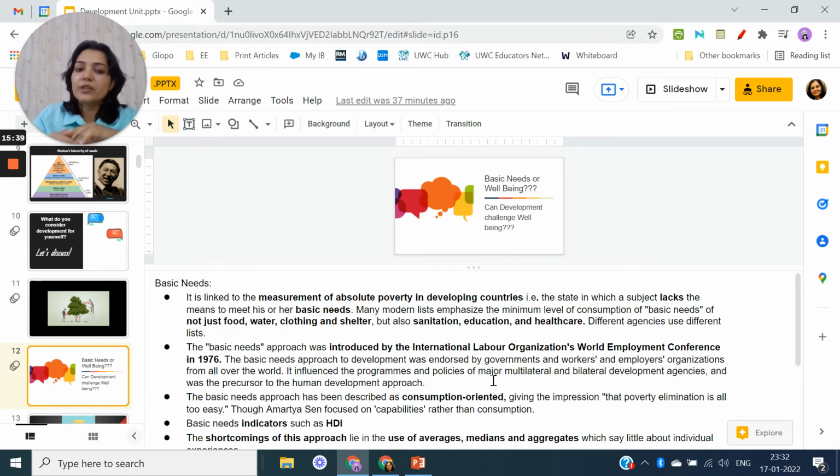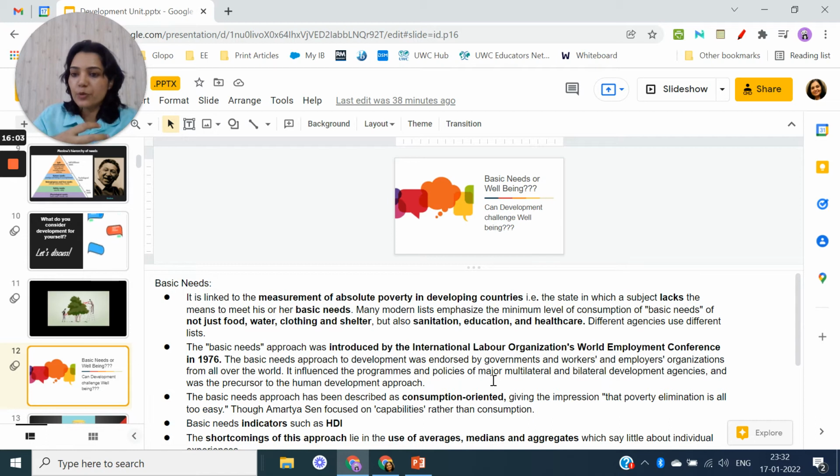So absolute poverty is whenever there is a lack of basic needs. It could be food, water, clothing, shelter. Nowadays it includes sanitation, education and healthcare. But remember that different agencies use different lists for this. All right, so these are the basic needs.